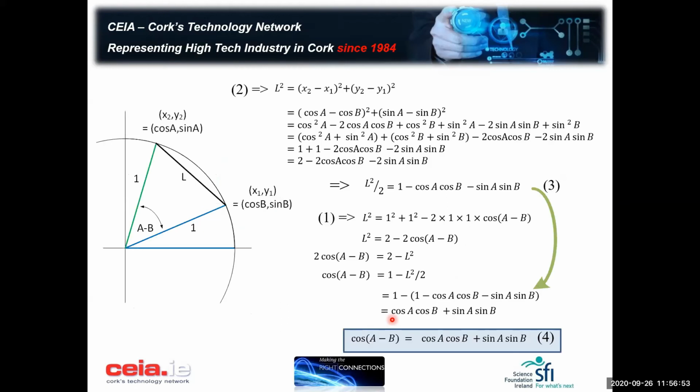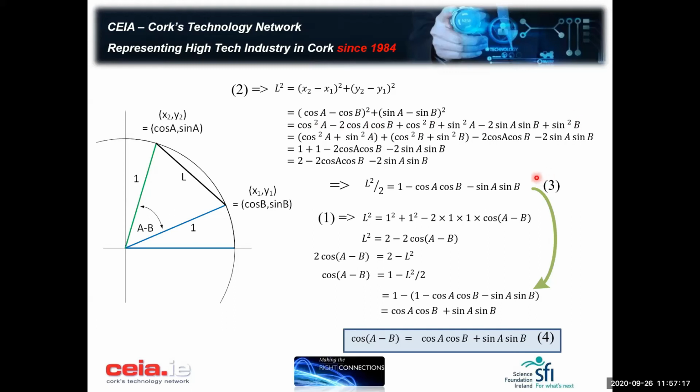So using those two previous results, the second result first, the L squared in terms of those coordinates, replacing the x1, y1, x2, y2 by cos A, sine A, cos B, sine B, you need to multiply it out.